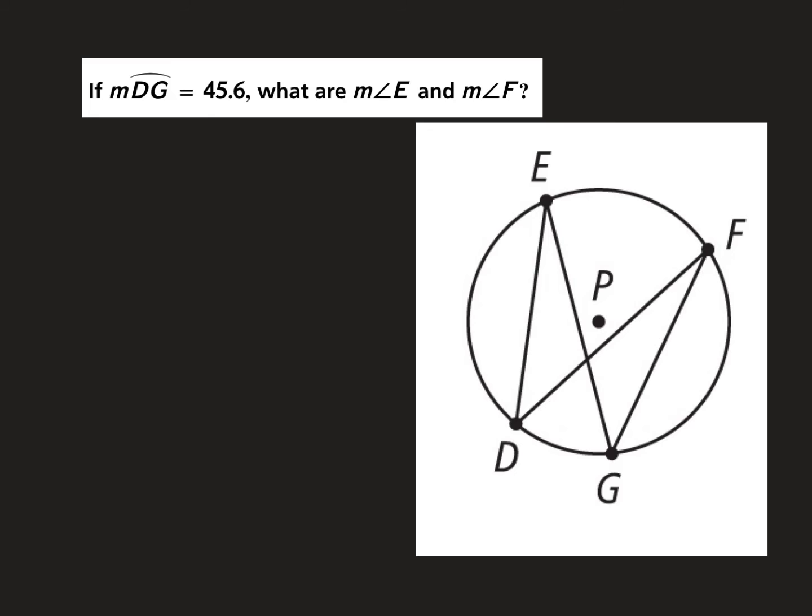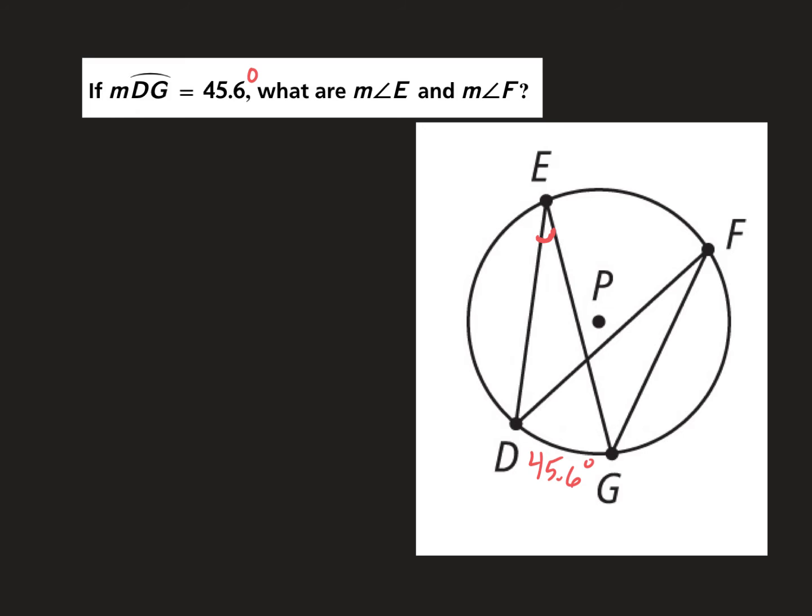Okay, so this is a good example of trying to find that intercepted arc. So it tells me that arc DG is equivalent to 45.6 degrees. So here I can mark 45.6 degrees. Now I need to find angle E and angle F. So here's angle E, right here.